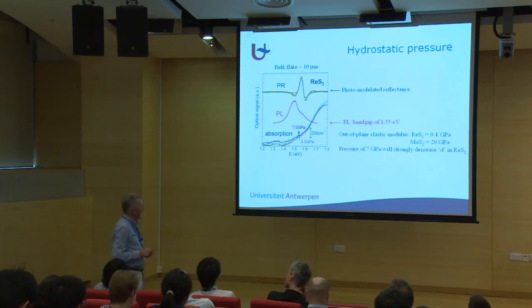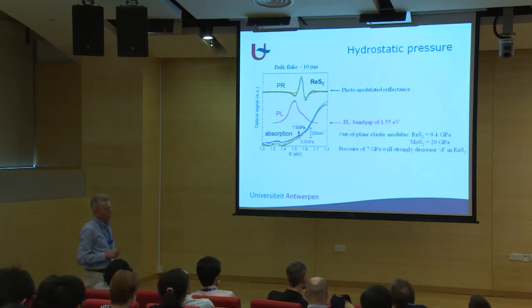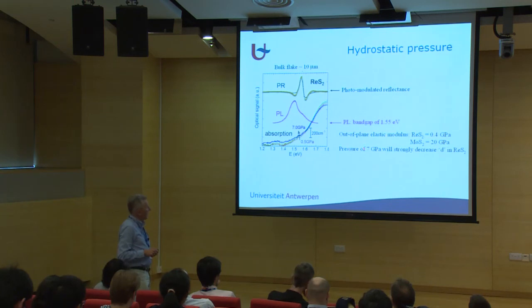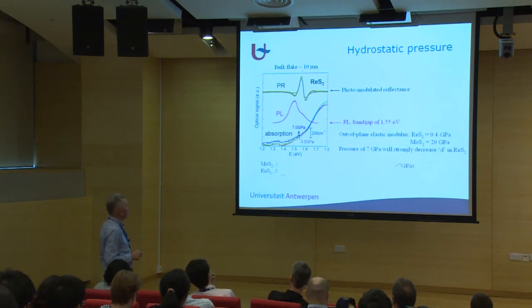The out-of-plane elastic modulus is only 0.4 gigapascal, while in molybdenum disulfide, it's 50 times bigger. Okay? And that means that if you apply a pressure of 7 gigapascal, you will change the interlayer distance a lot in the case of rhenium disulfide. And still it has a very little effect.